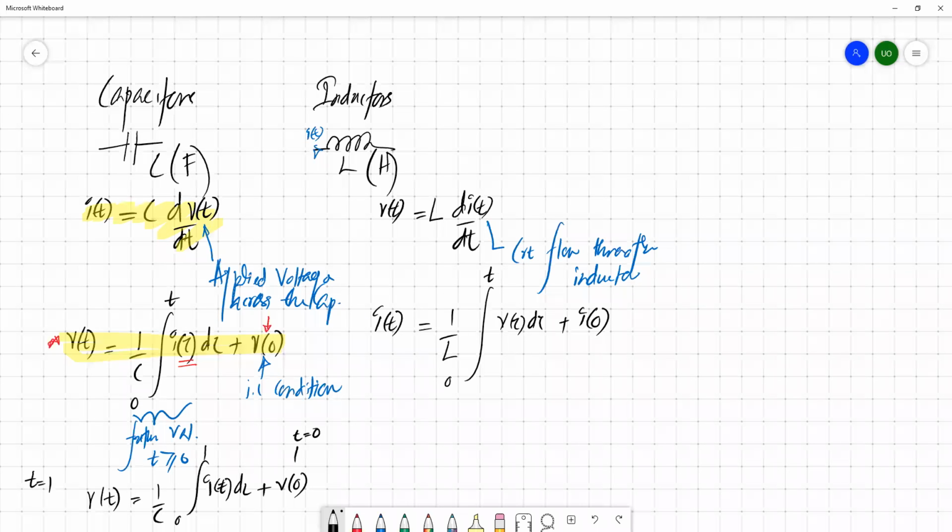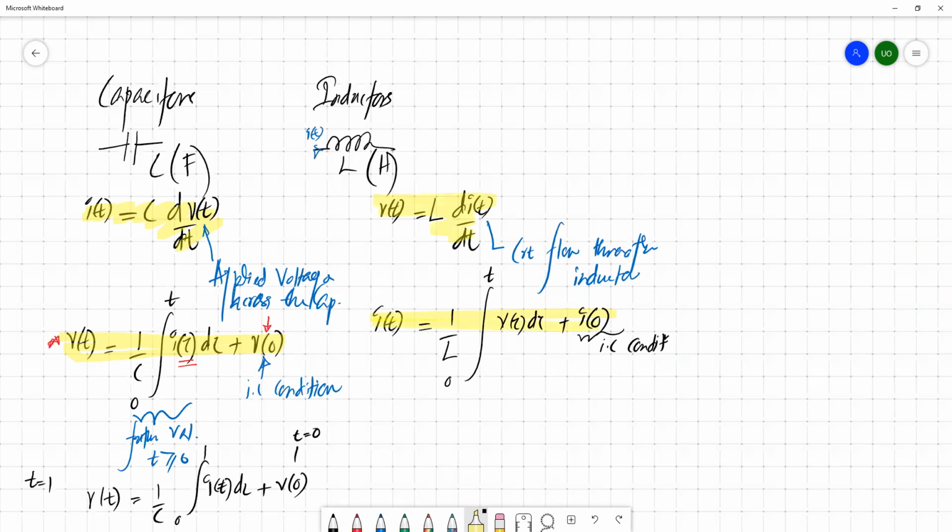Here, this is the initial condition of the inductor. If you refer to the capacitor, the initial condition would be a voltage. If it is an inductor, your initial condition would be a current.